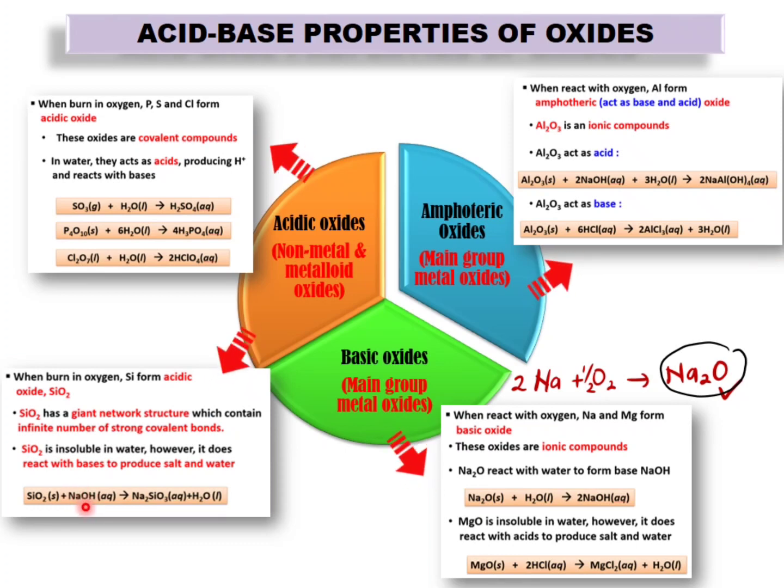So as we know that class, sodium hydroxide is base. So when base react with silicon oxide, this silicon oxide automatically will act as acid. So dengan secara automatik dia akan bertindak sebagai acid. So ini adalah acid base properties of oxide for element in period 3.